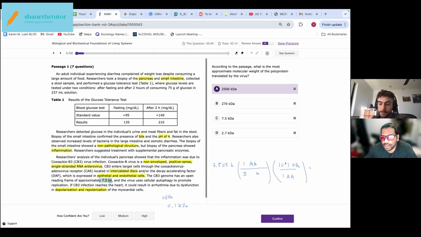If you multiply these you get 7.5 times 10 to the 2 over 3.